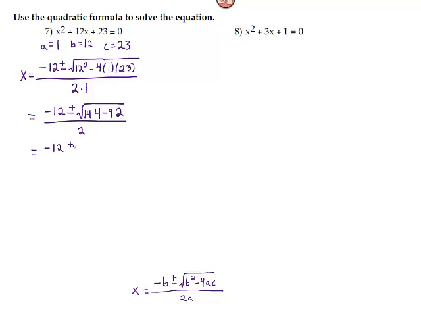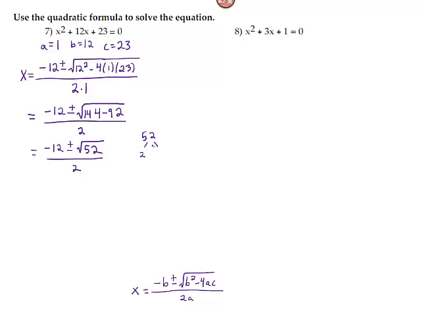Negative 12 stays what it is. 144 minus 92 is 52. And then we want to check to make sure that we can't simplify square root of 52. So I'm going to make a factor tree for 52.